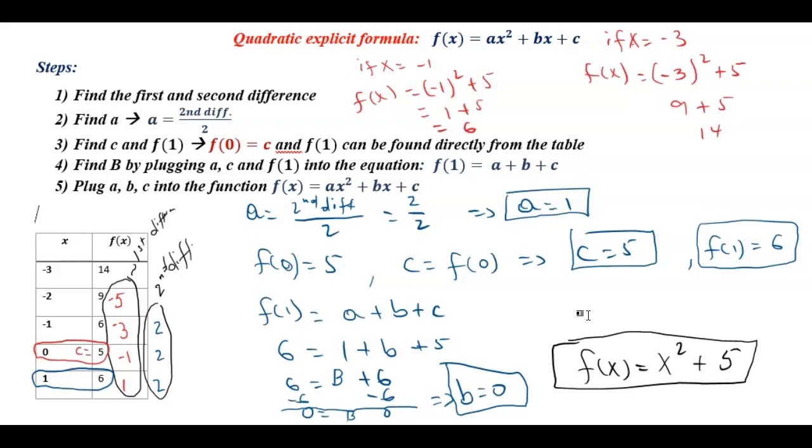And in some cases, you're not going to have the b term, you're going to have the a and c. But the key thing is that if you follow this step, it can work for anything. If you do not have the 0 term or the 1 term, you can go backward and find out what the 0 term or the 1 term is, and that will help you find the value for c and the value for b.